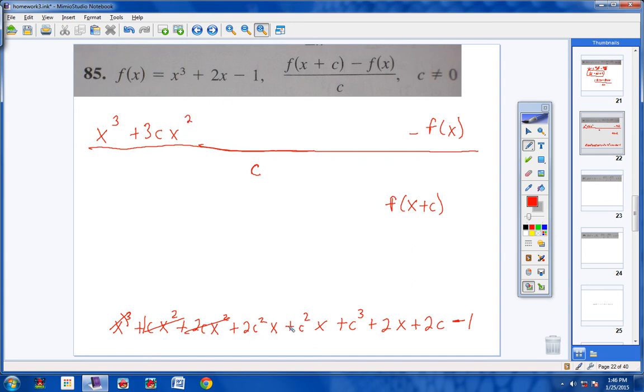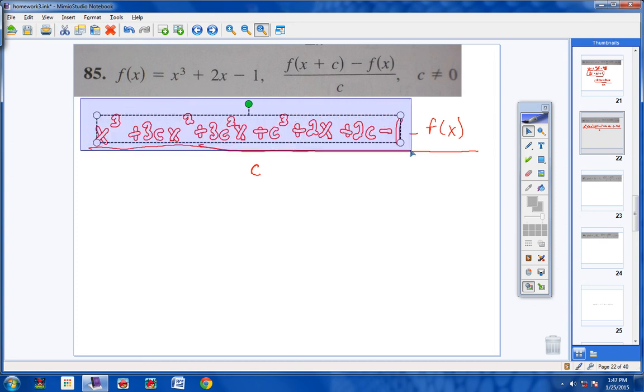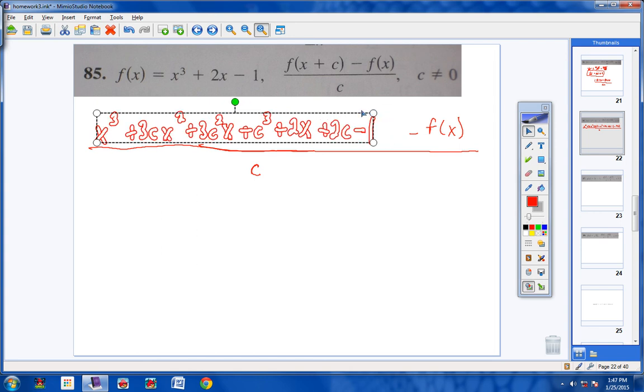Then I have c squared x, 2 and then a 1, that would be 3c squared x. I have a c cubed, I see no other c cubes to combine with it, plus 2x plus 2c minus 1. There we go. I hope that's right. It's really easy to make little mistakes on these. Now I'm going to condense this down to get just a little more space up here.